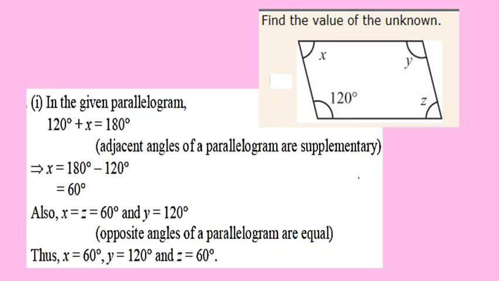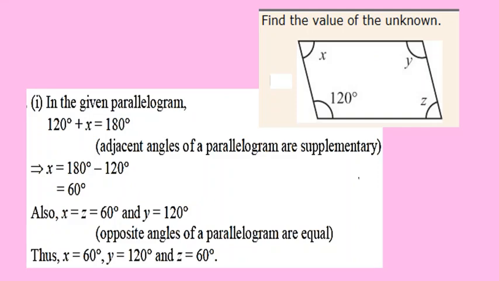So first you can find angle y, which is opposite. How much will it be? 120 degrees, because opposite to angle y you can see 120 degrees. So y is also 120 degrees.